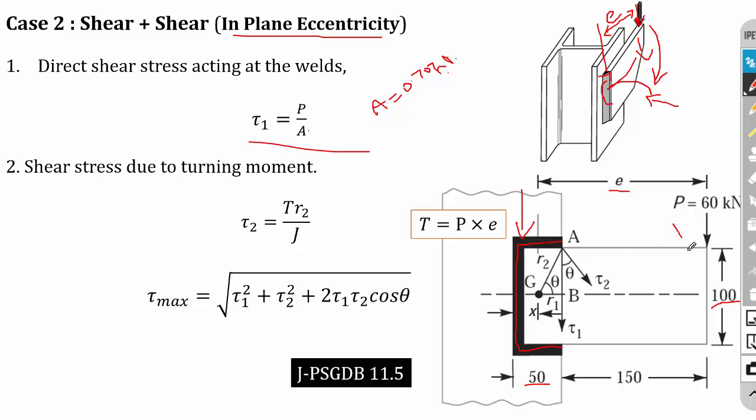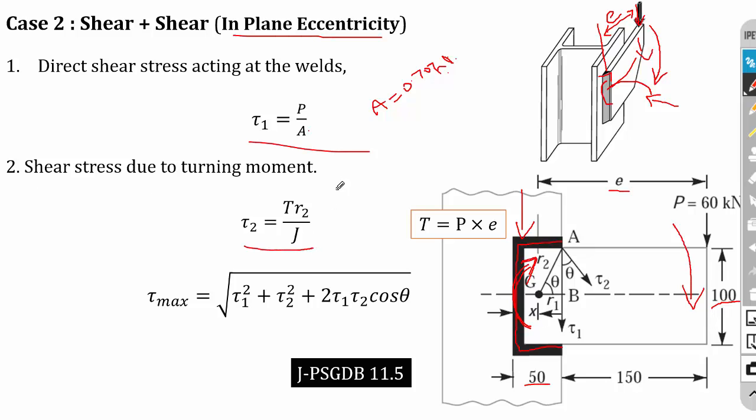Okay, so if the load is acting here, then a twisting moment is produced on the welded region. Okay, so actually this plate will bend. Okay, but we are not going to calculate the stress on the plate, and because of the bending of this plate, then the plate will rotate and it will produce a twisting moment in the welded region. Okay, so that is the secondary stress and it is a twisting moment.